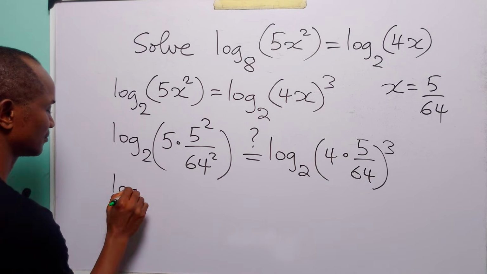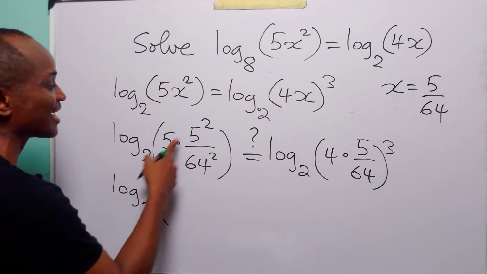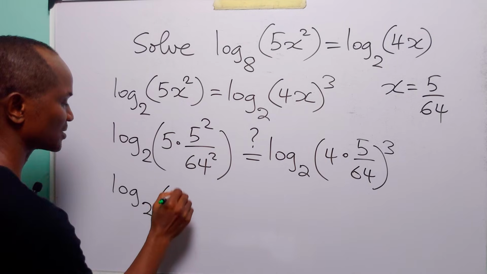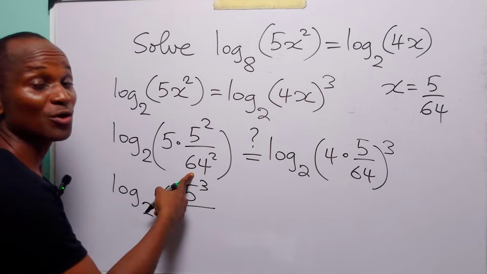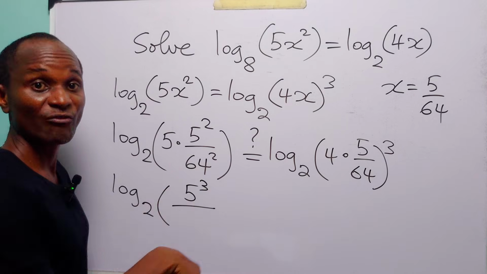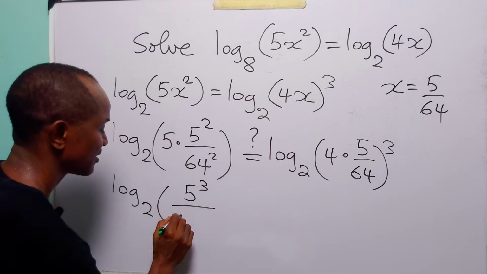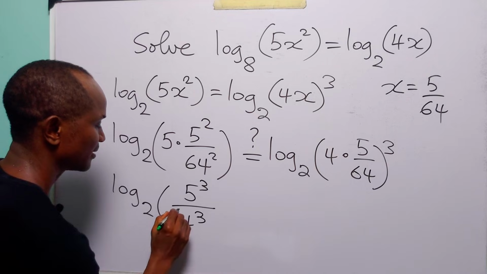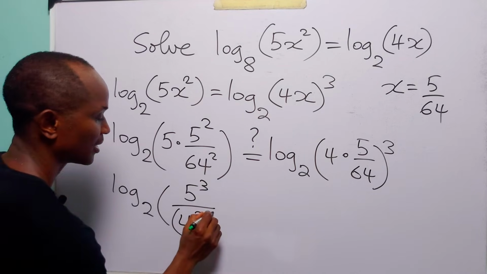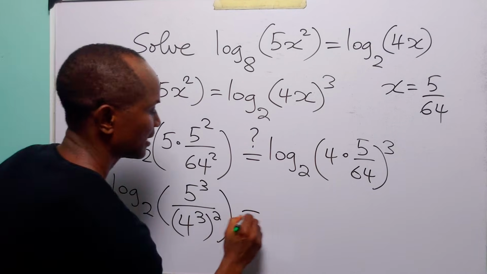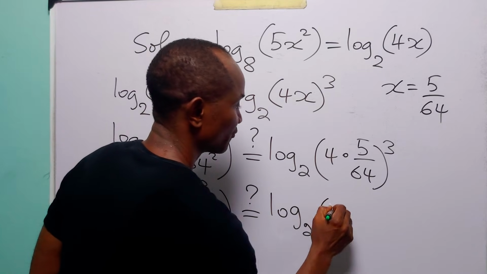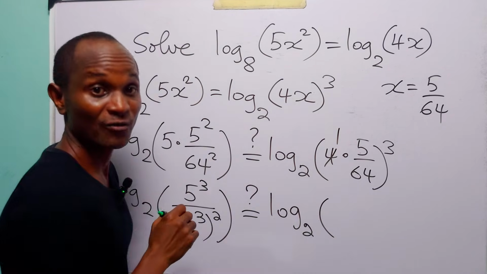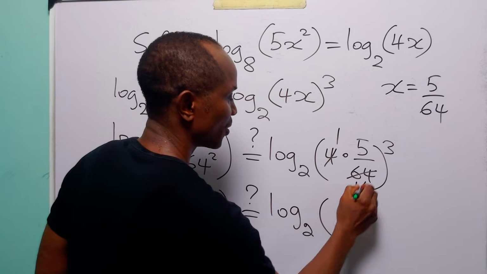Here we have log to base 2 of 5 times 5 squared, of course, is 5 to the power 3, divided by, now you know that 64 is 4 to the power 3. So this is 4 to the power 3 to the power 2. Now, is this equal to log to base 2 of 4 into itself is 1 and into 64 is 16.